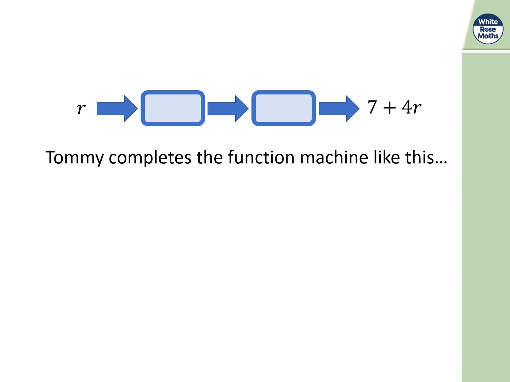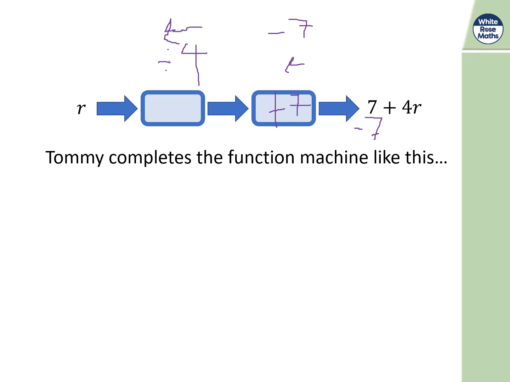So the last thing here is I've added 7, so I'm going to subtract 7 if I'm working backwards. So going this way, it's going to be a minus 7. The opposite of minus 7 is plus 7, so plus 7 is going to go there. When I subtract 7, I get back to 4r. 4r divided by 4 gets me r, because remember, 4r means 4 times r.